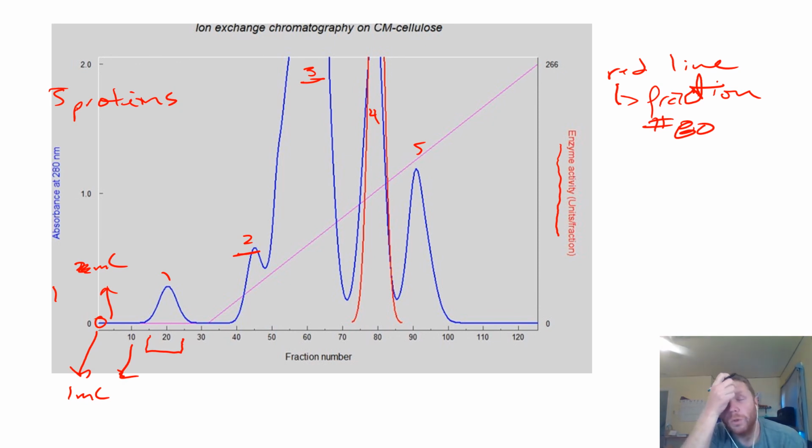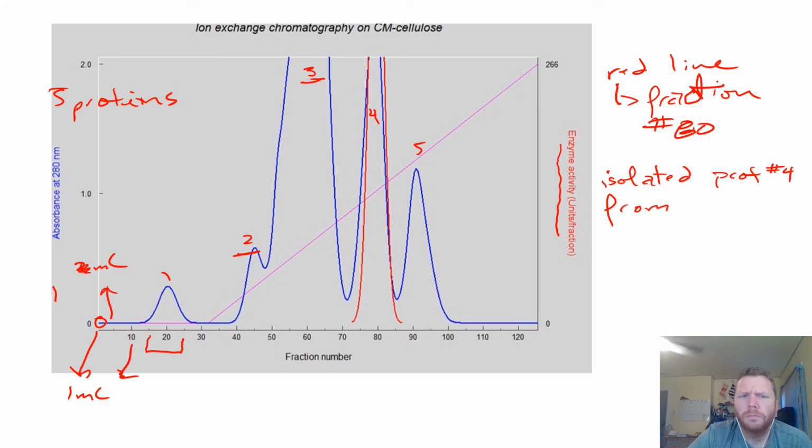Now the important question, though, is have we isolated protein number 4 from proteins 1, 2, 3, and 5? I would say that yes, we have, because we have protein number 4, or our enzyme, limited to basically fraction number 72 or so to 87.